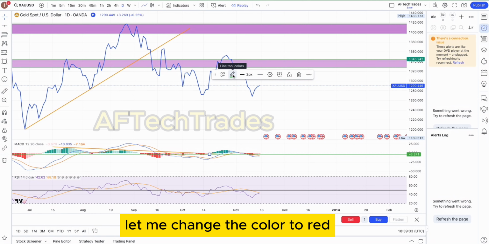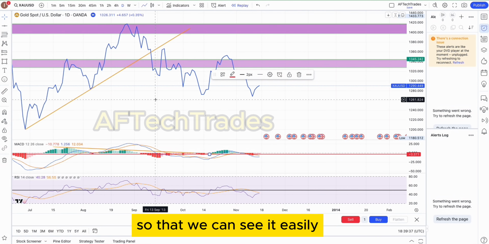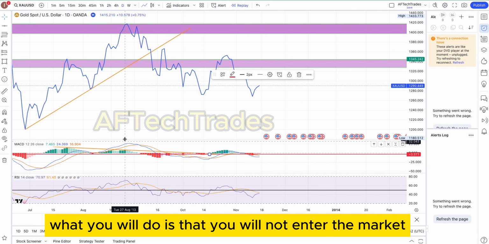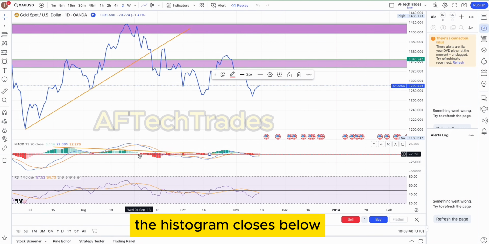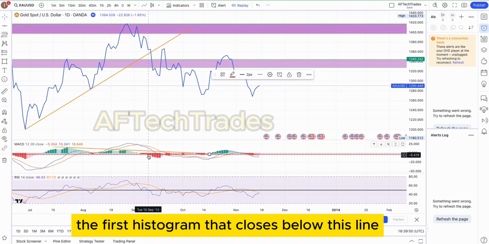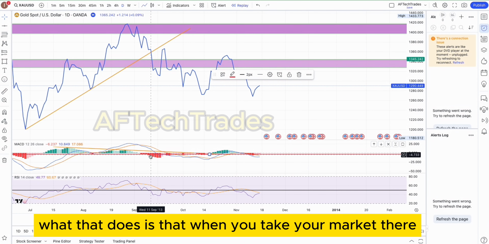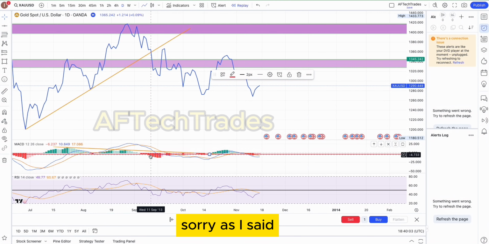Let me change the color to red so that we can see it easily. So with this line, you will not enter the market yet. You will wait for the first histogram that closes below this line, and you take your market there.